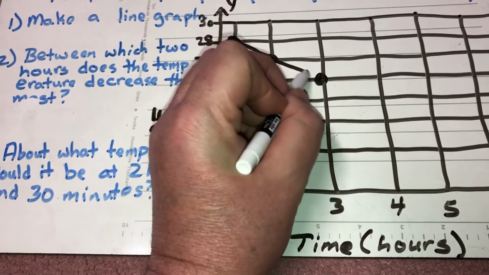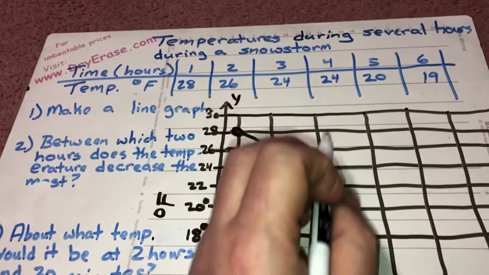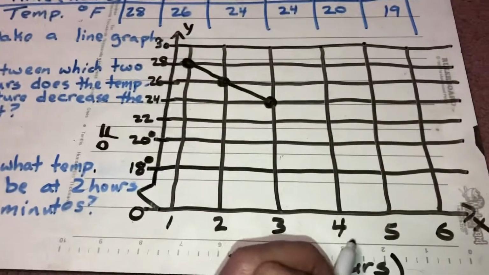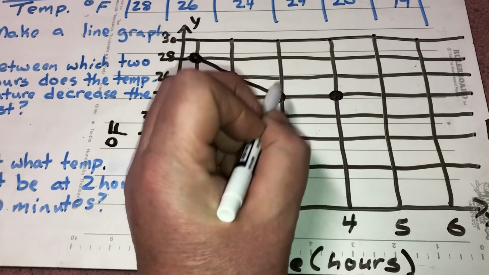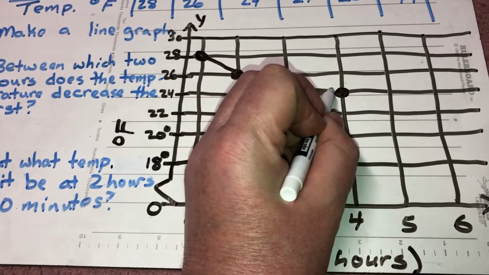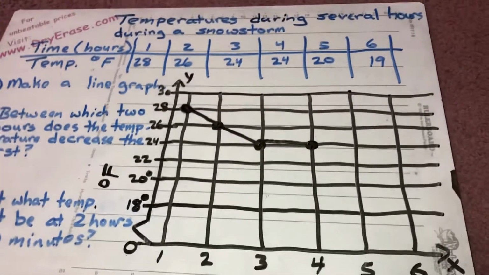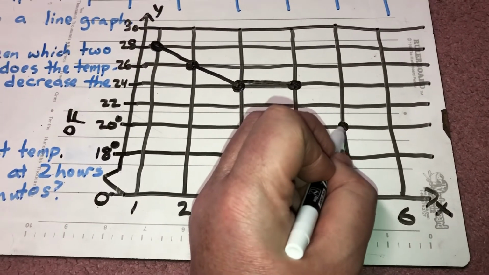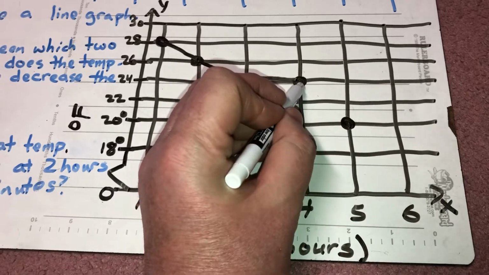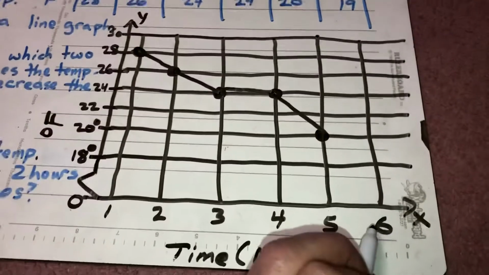And we're going to have kind of a steady drop right there. 4 is also 24, so it kind of held there for that hour. And so just kind of a horizontal line there. Hour 5, 20 degrees, so we kind of had a drop right there. Hour 6 is 19 degrees.